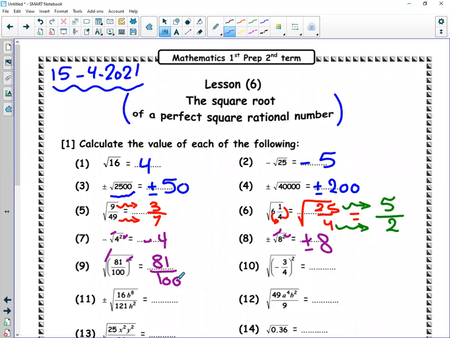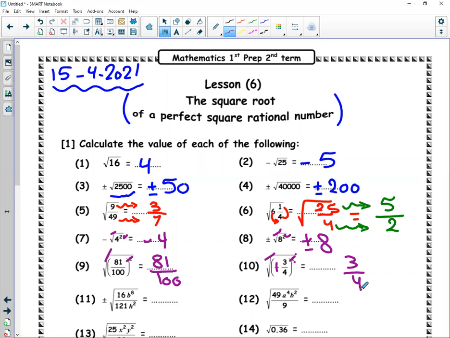Okay, because we have power 2, an even power, we will cancel this negative sign. So the answer, by canceling the root with power 2, will be 3 over 4.